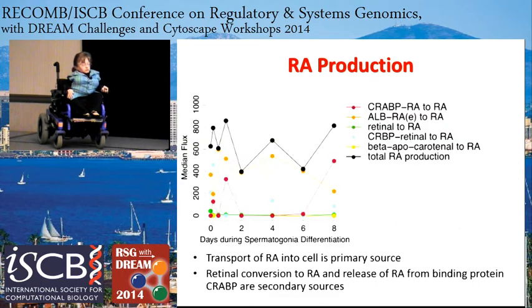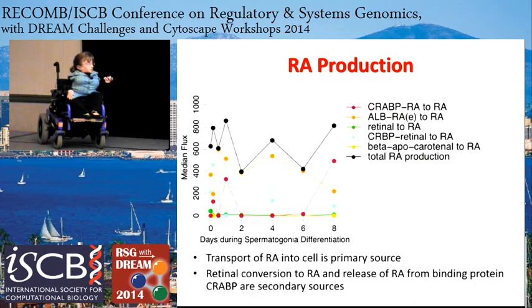We first wanted to look at reactions that were producing RA. We plotted them here on this graph where each line is a reaction that produces RA. The y-axis is the median flux value, and the x-axis is days during spermatogonial differentiation.